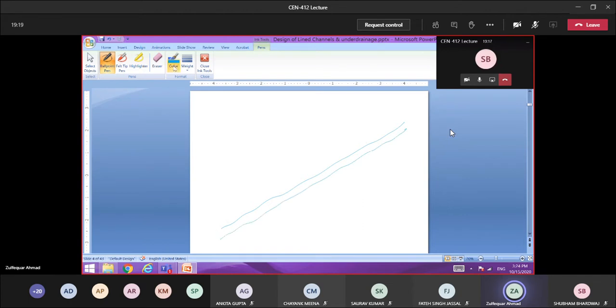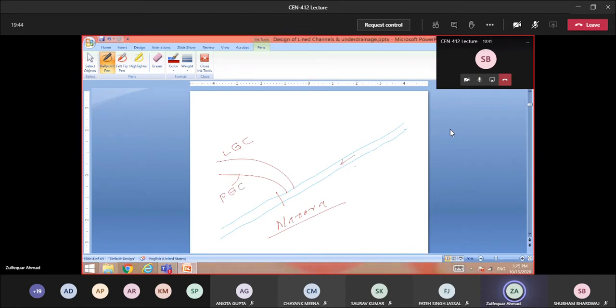Here is a place, Narora. Narora barrage is there, and from there two canals are taken. One is the Lower Ganga Canal, LGC, and the second one is the PGC, Parallel Ganga Canal. My question is, from this Ganga river, from where is this Upper Ganga Canal taken?